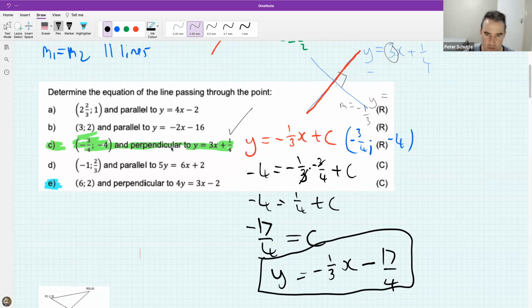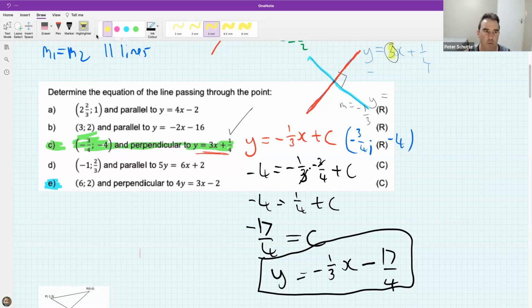Okay, so what did I do with C? I said, I have a line that they give me. That line is 3x plus a quarter. I've kind of shown it to you up here, although it's a bit messy. The line I'm after is perpendicular to that red line. So let's say it looks like that. Now, straight away, you can see that the gradient was given to me in the original formula.